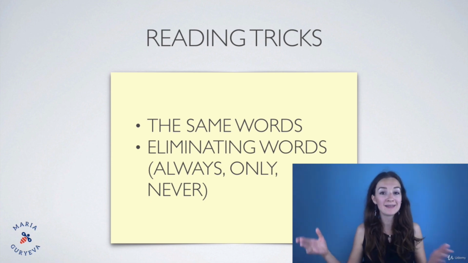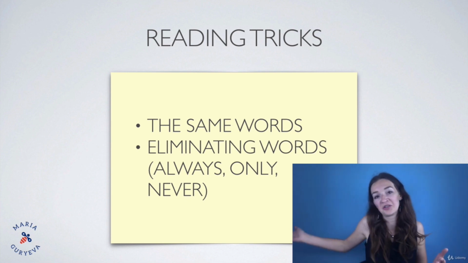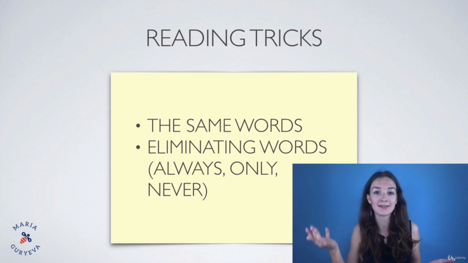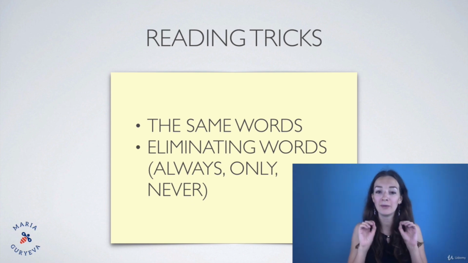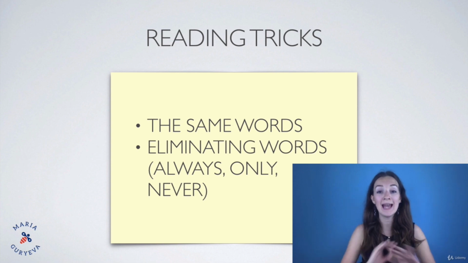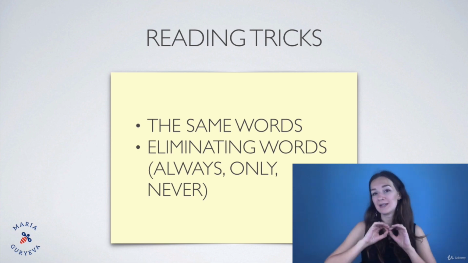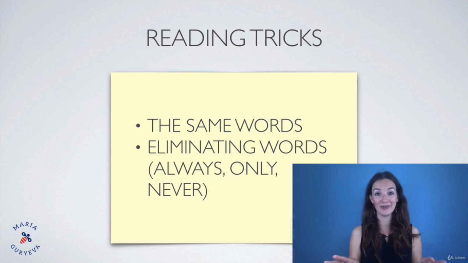Because what if somewhere outside of the texts, there are more factors? They were just not described. They were not discussed, right? So because of that, always, only, and never, such words make every answer choice wrong. So if you see an answer choice with one of those three words, do not choose it. It's wrong.